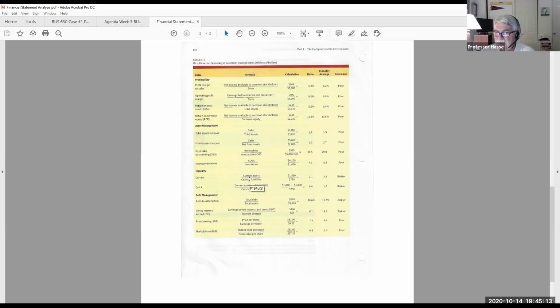Most people pick the current ratio in liquidity, and most people pick the debt to assets ratio, debt management, or you can pick any one of these, but one from each area, and you go back through and do a 3-year analysis of this.